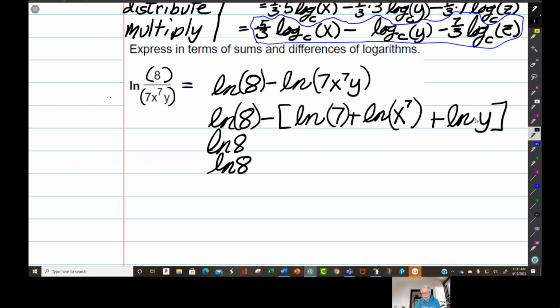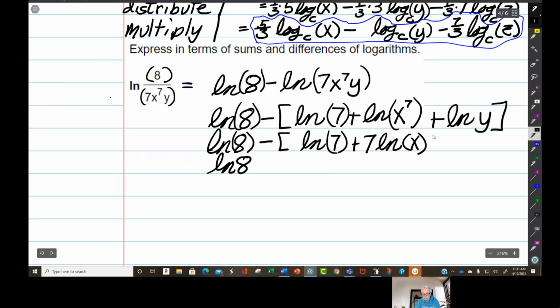You've got 3 separate terms in there. This minus is going to apply to all of them. So this is going to be the ln of 8 minus bracket the ln of 7 plus, bring down the 7, 7 times the ln of x plus the ln of y.